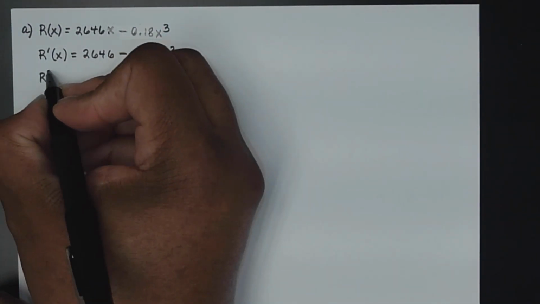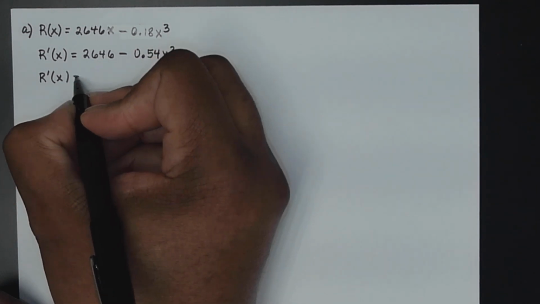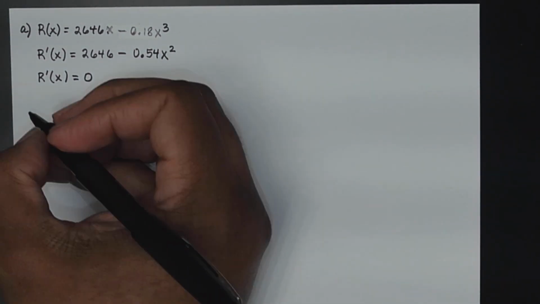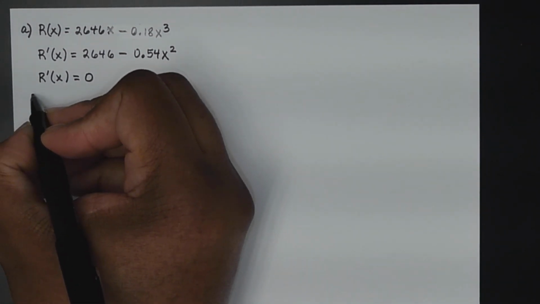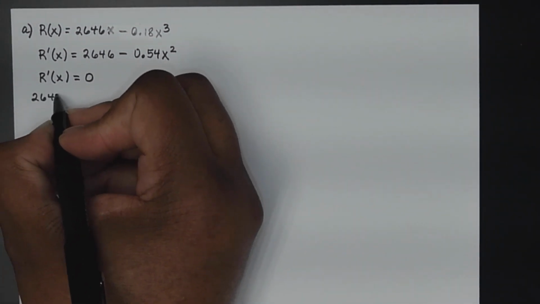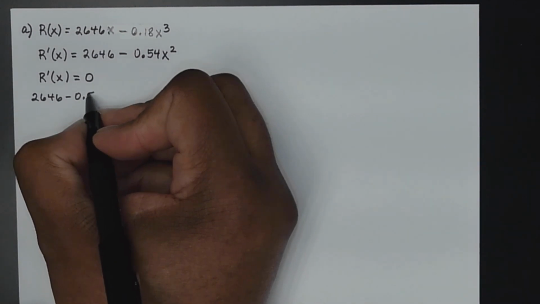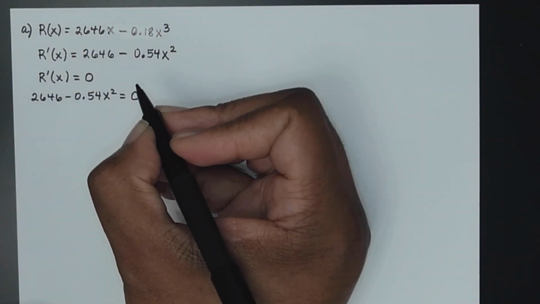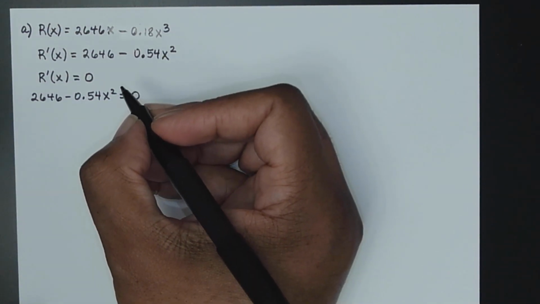Now we're going to set R prime of X equal to 0 to find out what our local maximum and local minimum is going to be. So let's take 2,646 minus 0.54 x squared and set that equal to 0.